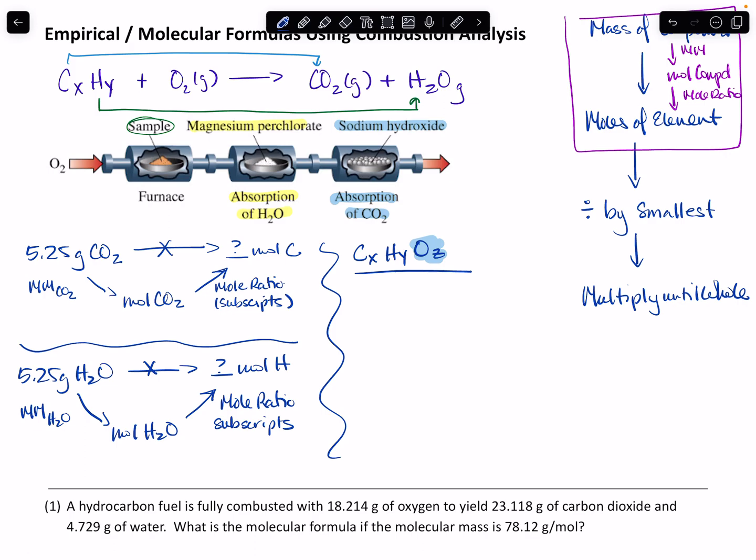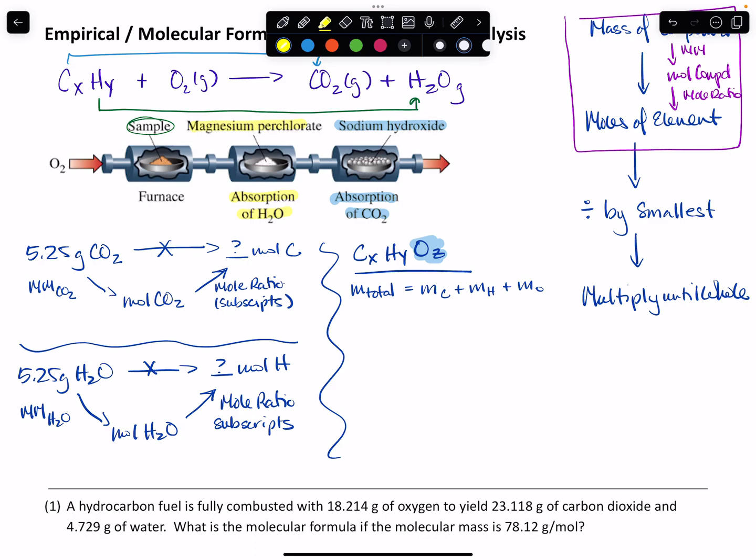If you have something like this, just keep in mind that the total mass of your compound has to be equal to the mass of the carbon plus the mass of the hydrogen plus the mass of the oxygen. So if I can utilize the moles of carbon, I can convert that to mass of carbon. I could do the same thing if I calculate moles of hydrogen.